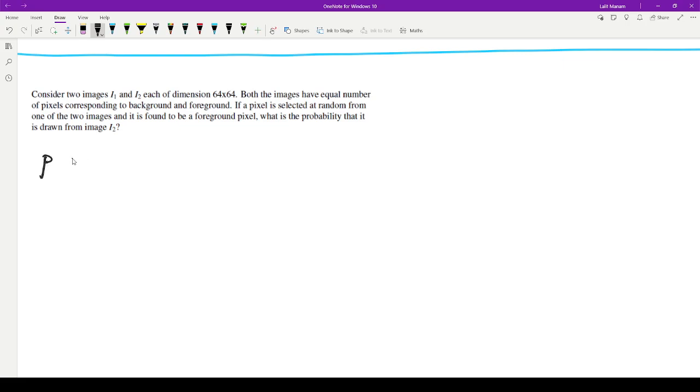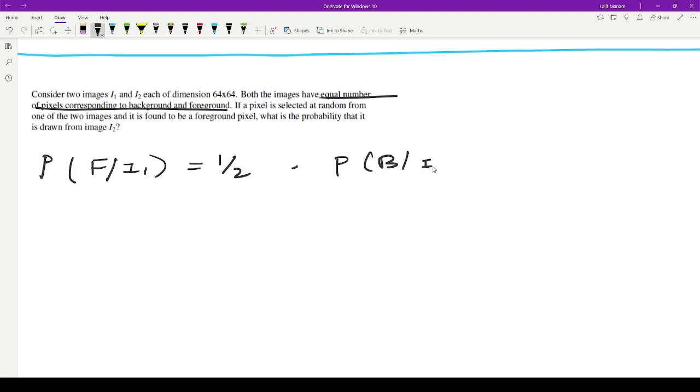So we have the probability of foreground given image I1 is half. Why is that the case? It's because we have an equal number of pixels corresponding to background and foreground. Again, since we have an equal number of pixels, the probability of background given image I1 is also half.